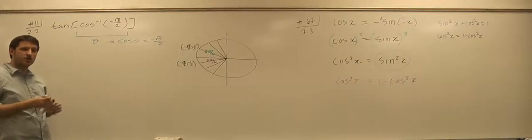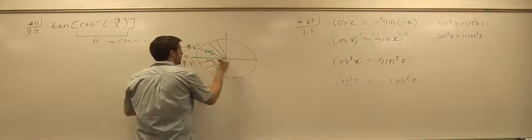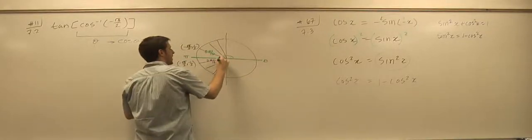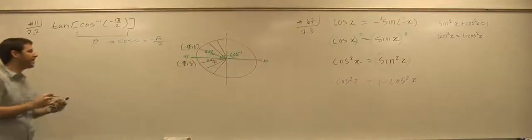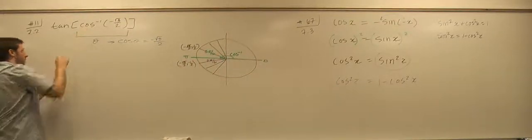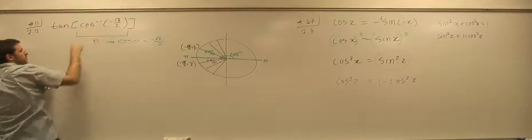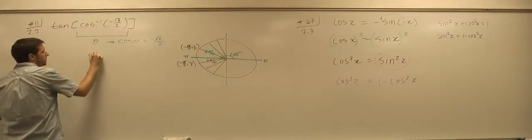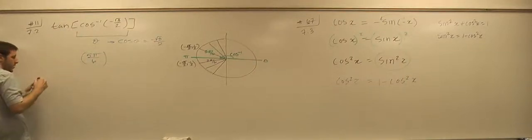It's because of the restriction for cos inverse. Remember, cos inverse is always between 0 and pi. So you have to be in here for cos inverse, which is why we pick 5 pi over 6 for this first part. So in place of cos inverse of negative root 3 over 2, I can put 5 pi over 6, and then move on and do my tangent.